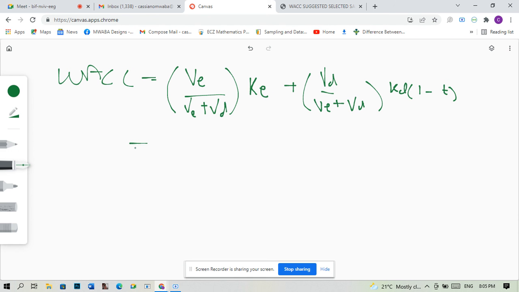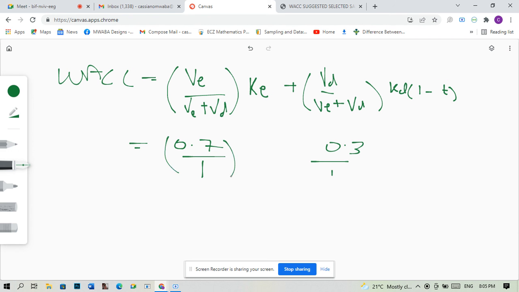So we just substitute our values. Our value of equity was 0.7. Our value of debt was 0.3. So 0.7 plus 0.3, that's 1. So the total value is 1. We're going to put both of these over 1.